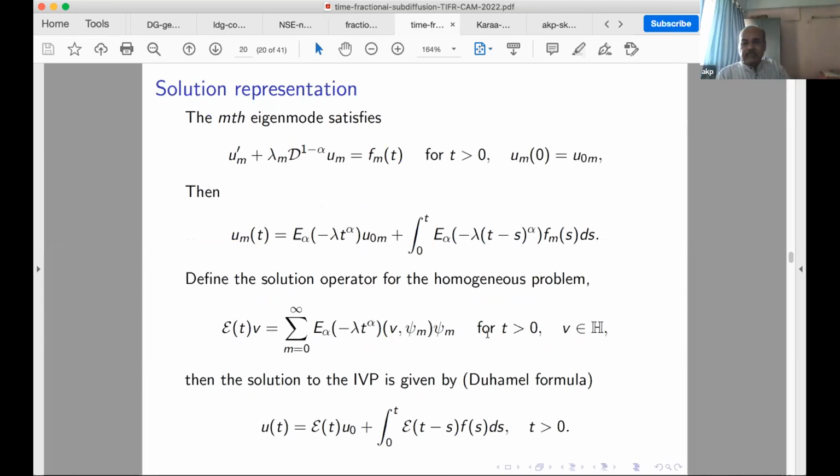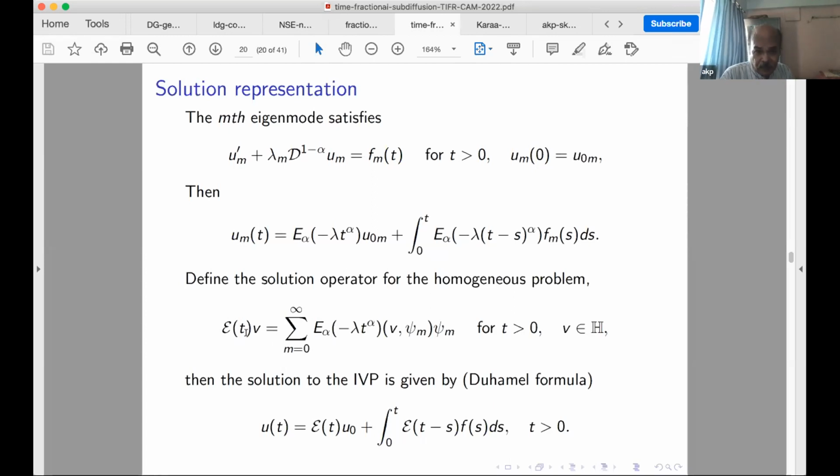When you plug it in the main equation and use the orthogonality property, you will get an infinite number of similar equations like those we have discussed earlier: u_m' plus lambda_m d1 minus alpha u_m equals f_m(t). And using Laplace transform, you have already got a representation of the solution. So you can write it down, and thereby you can get a solution operator.